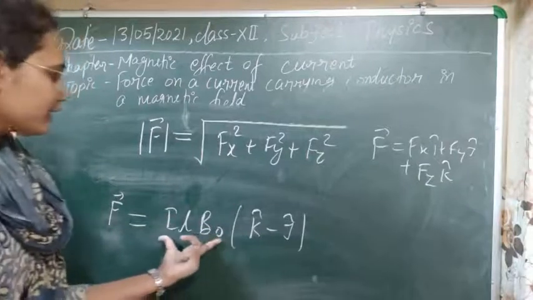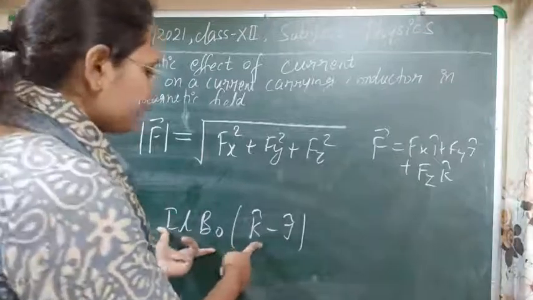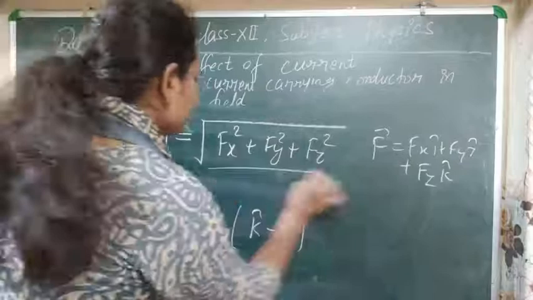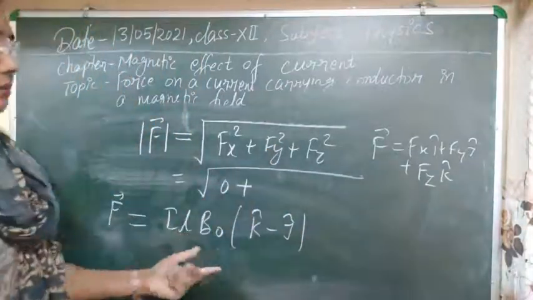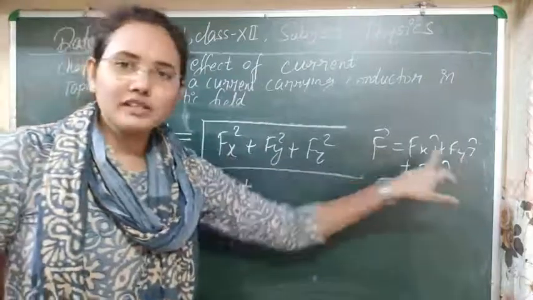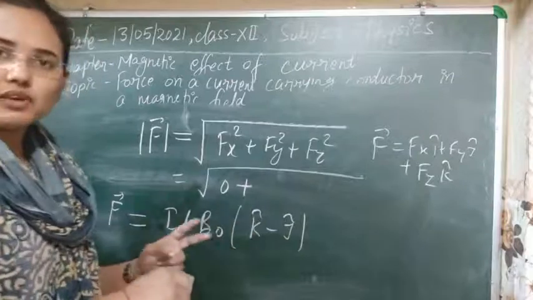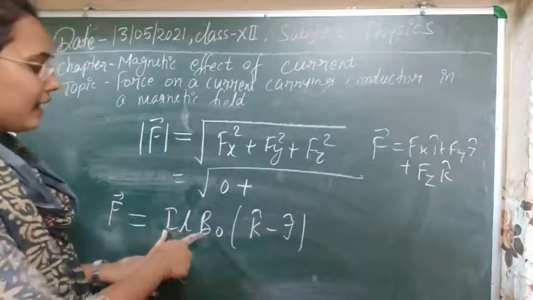So in this case you will see that we don't have any value of Fx, so Fx is 0. So this one is 0 plus Fy, meaning the component of this force along the y direction. Here it is along the minus y direction, so if you take the component, then this will be minus ILB0.